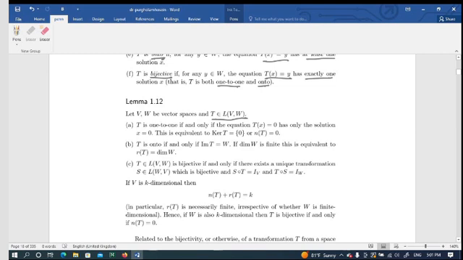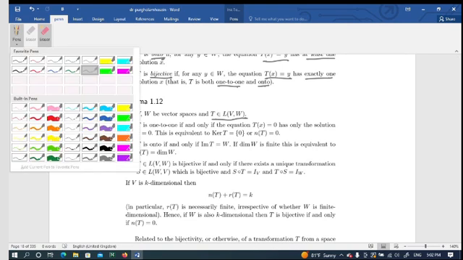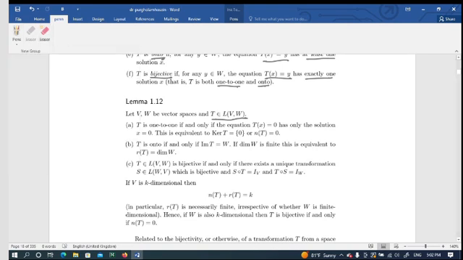A: T is one-to-one if and only if the equation T of x equals 0 has only one solution, that is, this equation has at most one solution, only x equals 0.